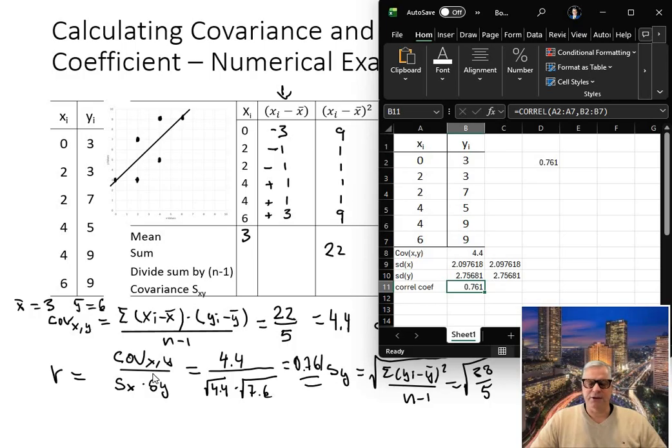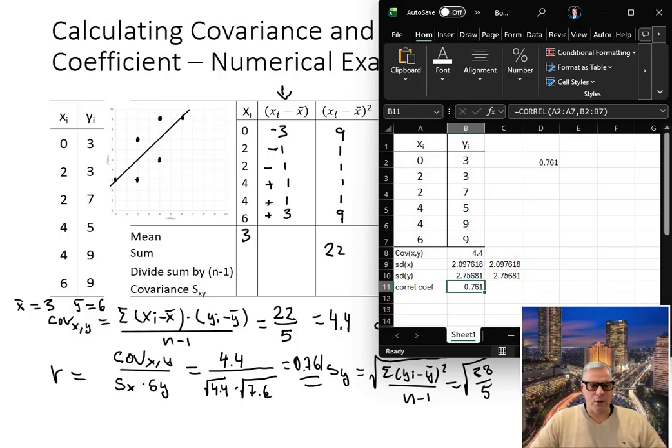If it's a negative one, there's an inverse relationship. But you typically want to report the correlation coefficient. And of course later, when we go into more advanced material, we also introduce other measures of relationship, which are regression coefficients.